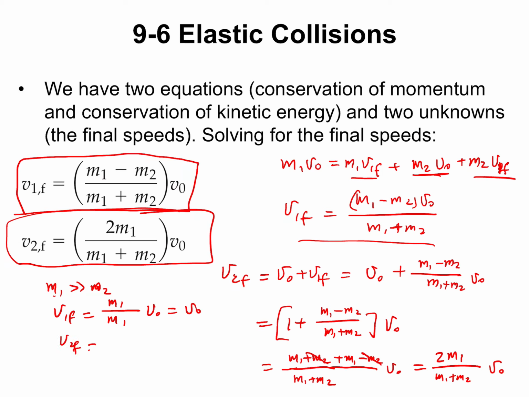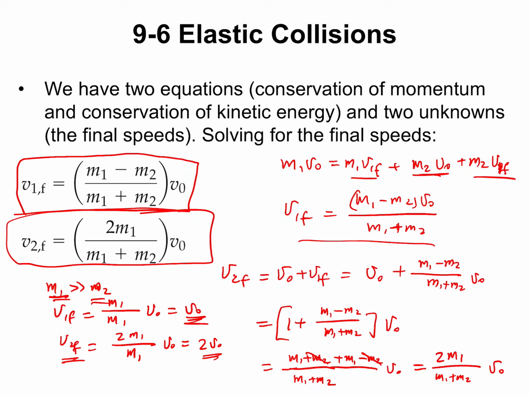What is v2f? v2f equals 2 m1 v0 over m1, ignoring m2, which equals 2 v0. So if m1 is much bigger than m2, the bowling ball moves forward with its initial velocity, and the ping pong ball moves with double the velocity forward.